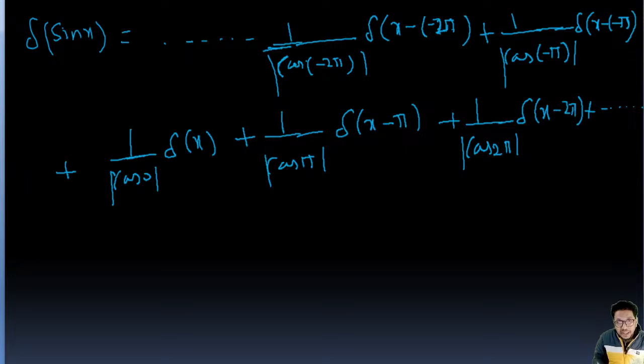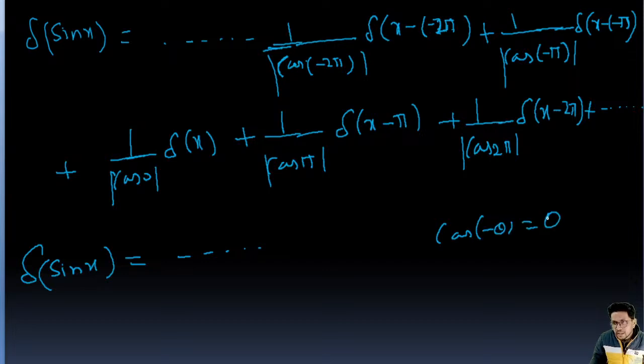We'll simplify it. Cos of minus theta is cos theta, this is a property of cos.